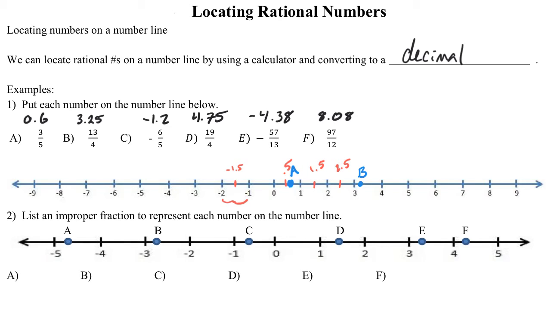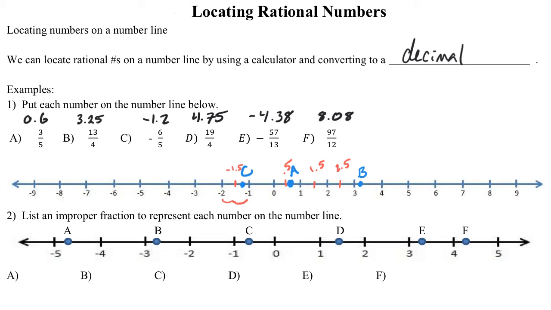So when we want to decide what side this is going to be on, we almost want to ask ourselves, is it closer to 0? So -1.2 is closer to 0 than -1.5 is, because remember, it works a little bit in reverse. So that means it's actually going to be on the right-hand side, closer to -1. So it's going to be over here. That's where we're going to put our C.